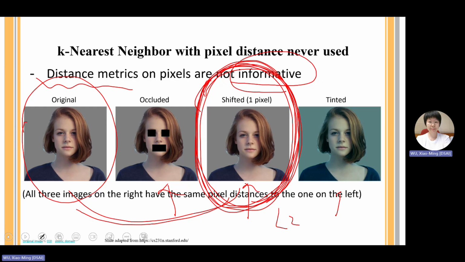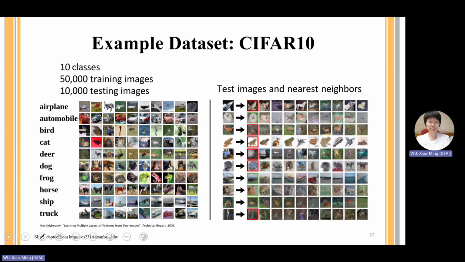Back to our CIFAR10 dataset. We can calculate the pixel distance, the Euclidean distance, between the test image and the training images.